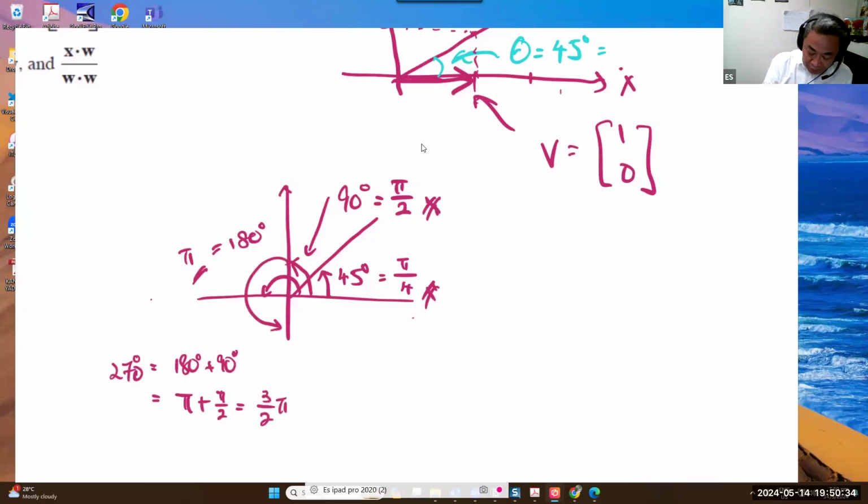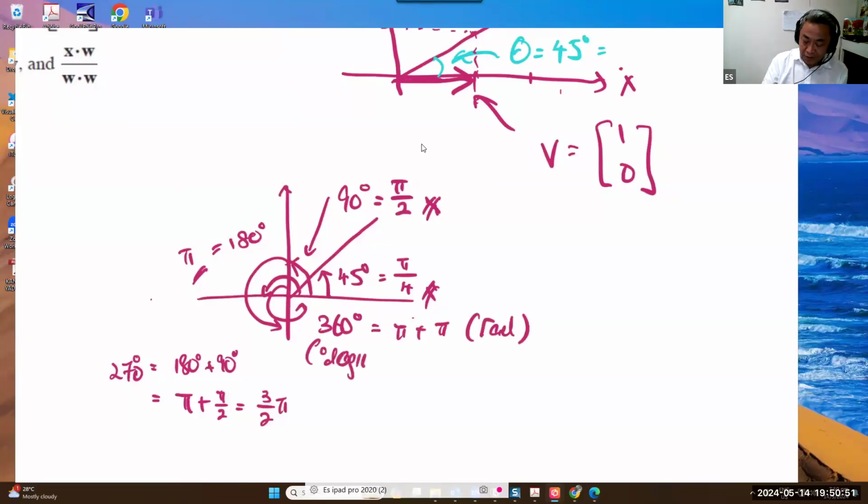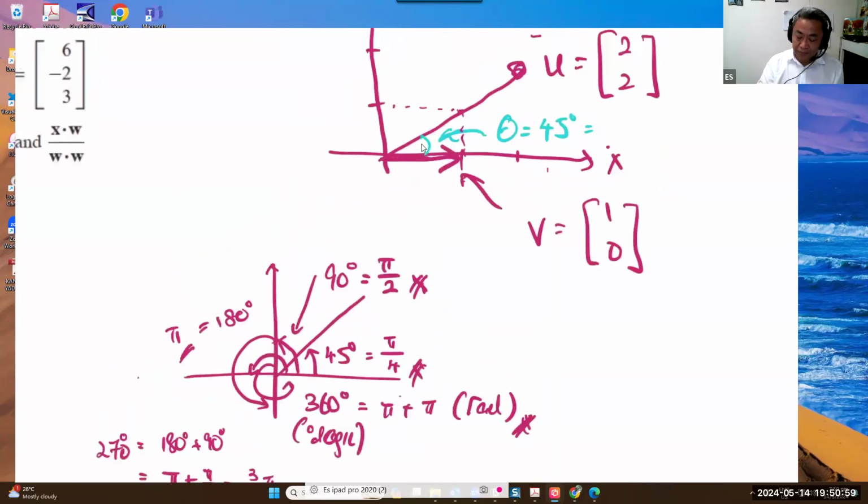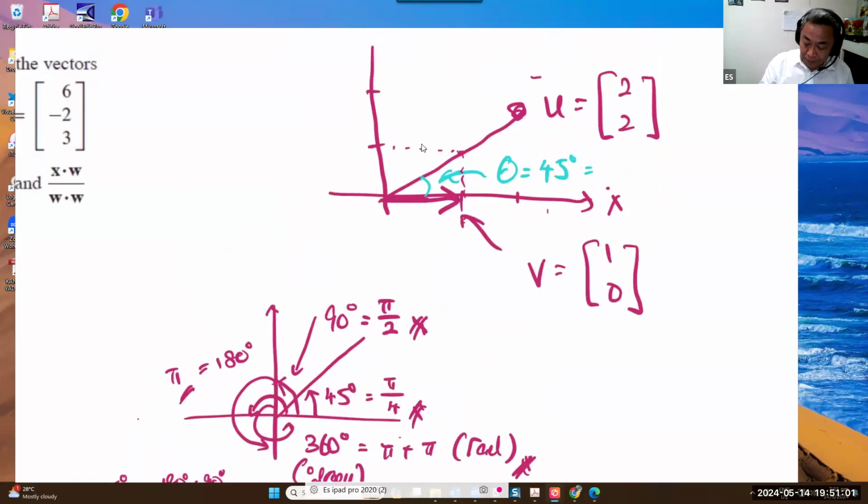And of course, then we have one more, 360 degrees. 360 degrees is 180 plus 180, which is pi plus pi, right? So this is in radians, and this one is in degrees. In our course, please use radians. You must convert to radians and then use that. But first, if you want to use degrees, fine.